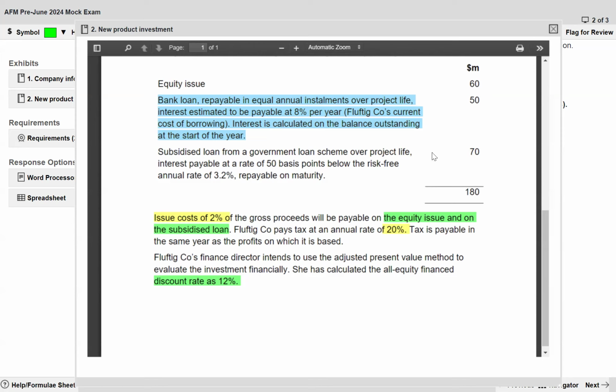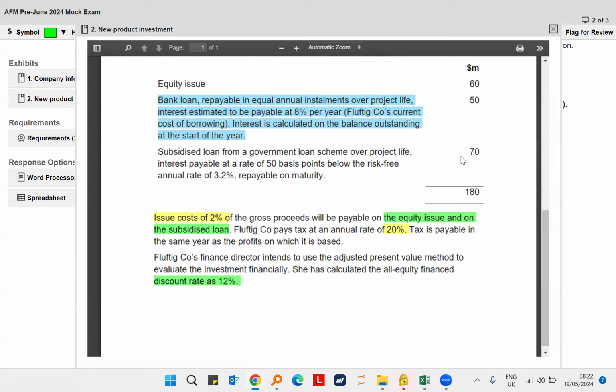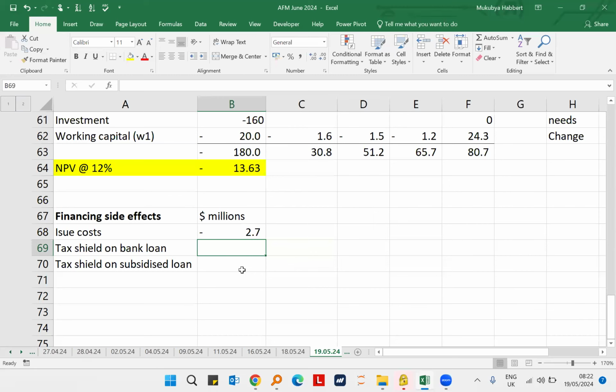And we are getting 70 million, so 2.7% of the 70 million, and we are saving tax at 20% because tax is at 20%.